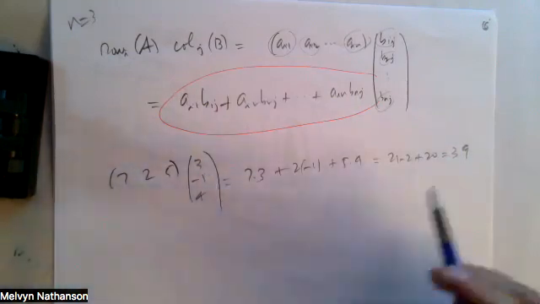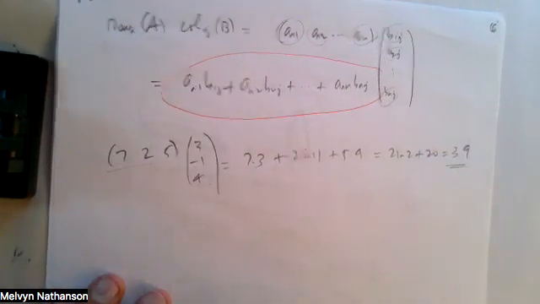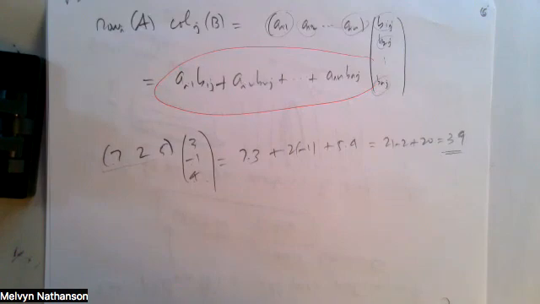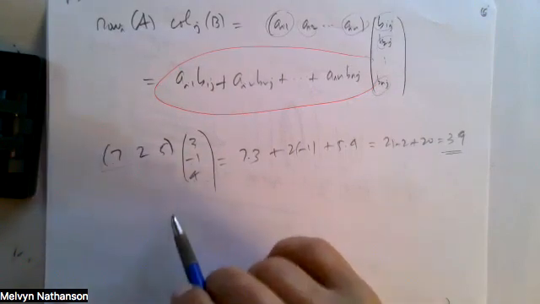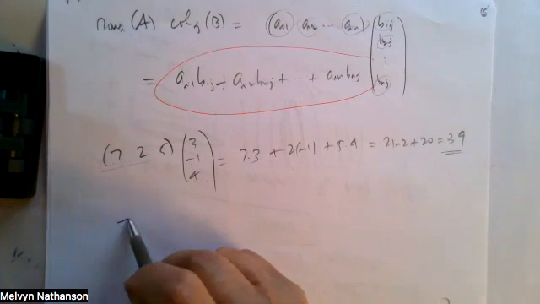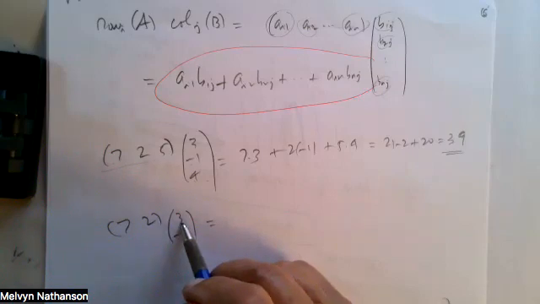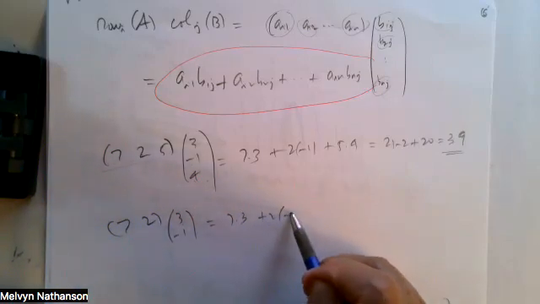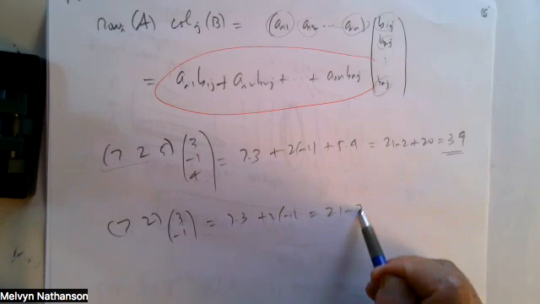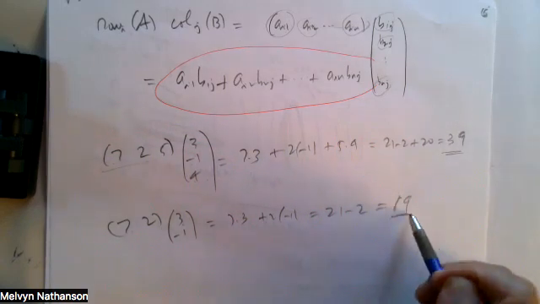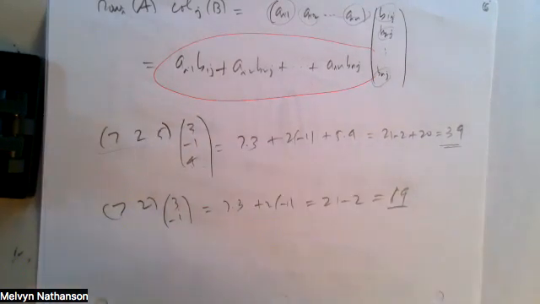So this row times this column gives me the number 39. If they were two-dimensional vectors, suppose this were just 7, 2, and 3, minus 1. This would be 7 times 3 plus 2 times minus 1. 21 minus 2 is 19. So if you took Calc 3, this is just the dot product of vectors, which you used all the time in vector calculus.